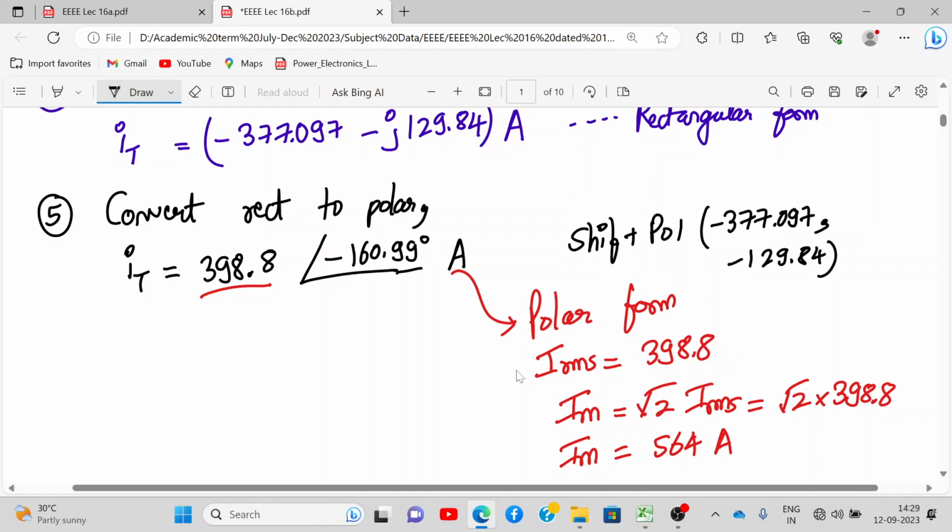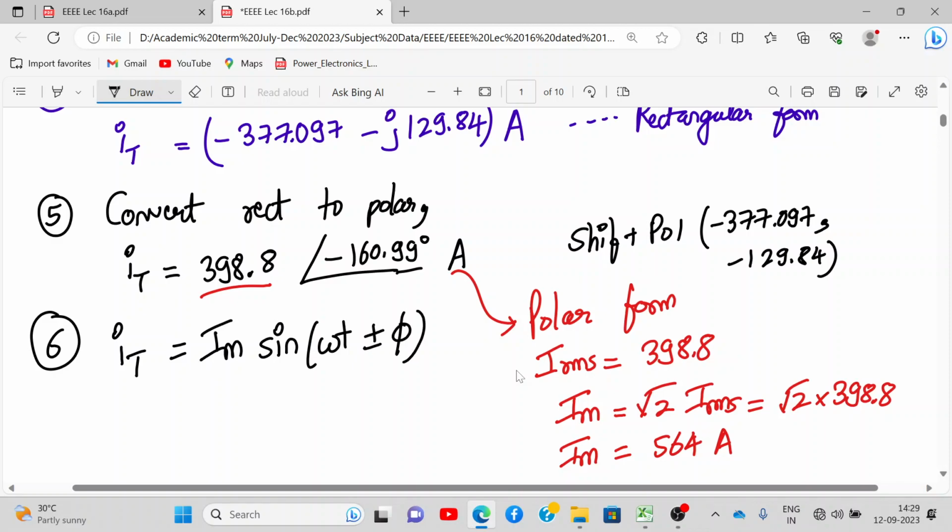Now the last step will be converting into standard form. What is the standard form? i(t) is equal to IM sine of omega t plus or minus phi. So how will you write this? IM is 564 sine of omega t minus 160.99. That is the answer.